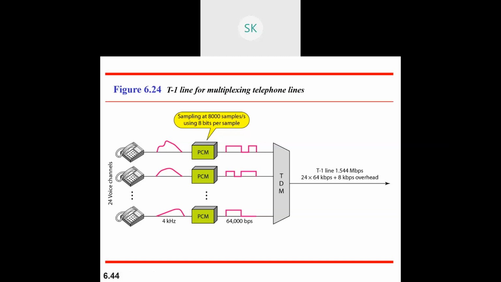If you have 12 voice channels and merge them, it becomes a group. If we have 5 such groups merged, it will be a super group. If you have 10 such super groups merged, it will be a jumbo group. Then if you have 5 such jumbo groups merged, it will give you the master group. This is how the division has been taken care of.